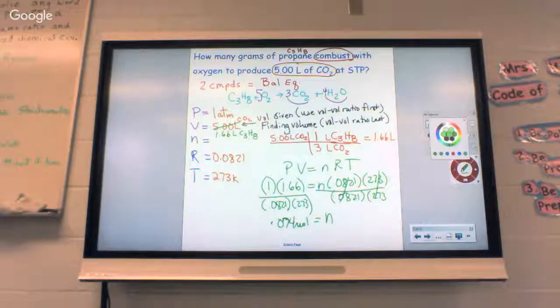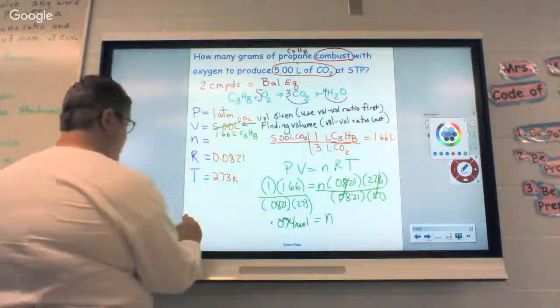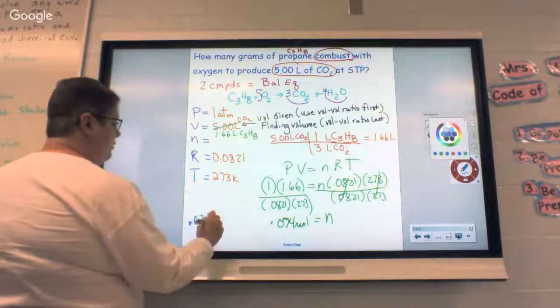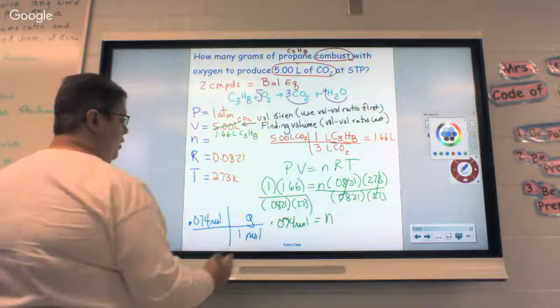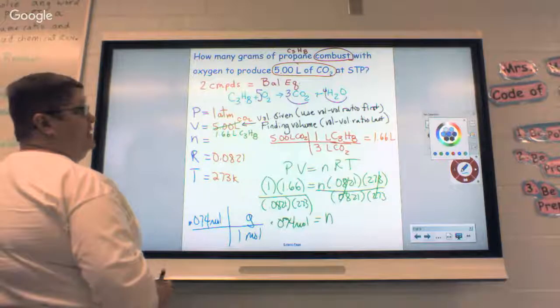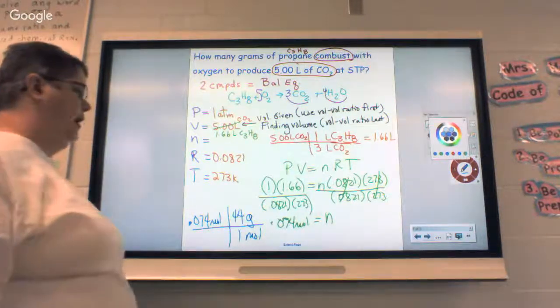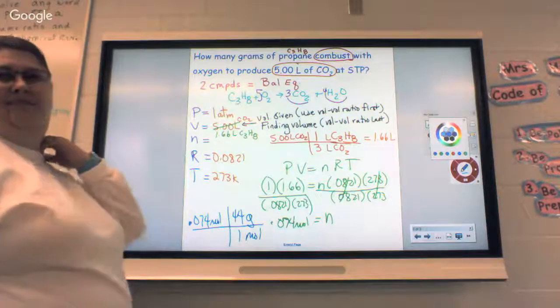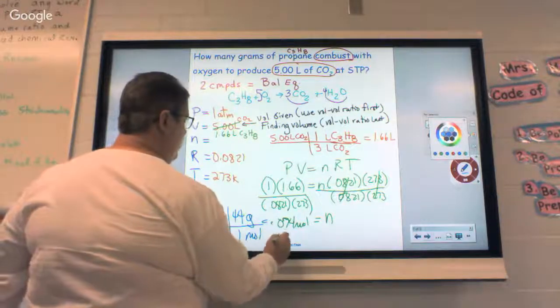Yes. All right, so the last step, they wanted grams. So what do we do? Yep. So 0.074 mole, gram, 1, and then C3H8. We're going to put 44 there because that's the mass of propane. And I don't remember what we got. 0.222.